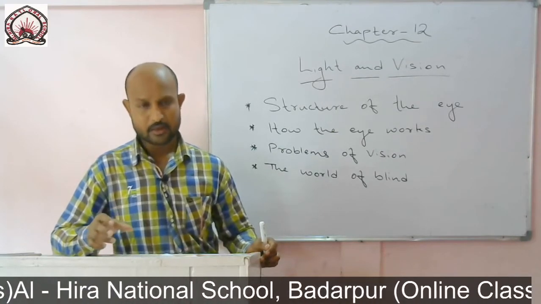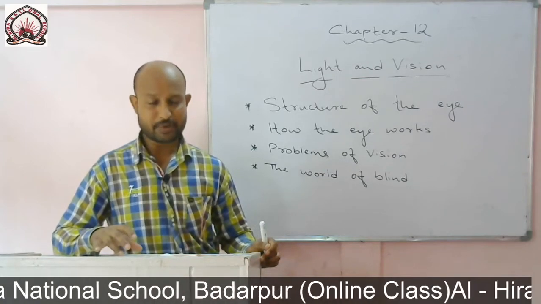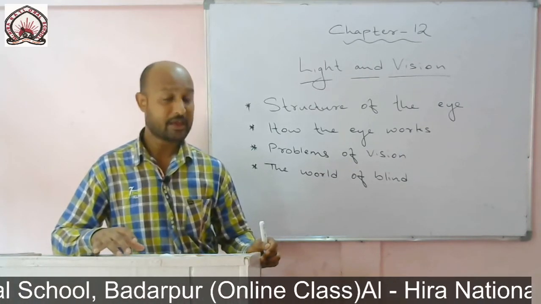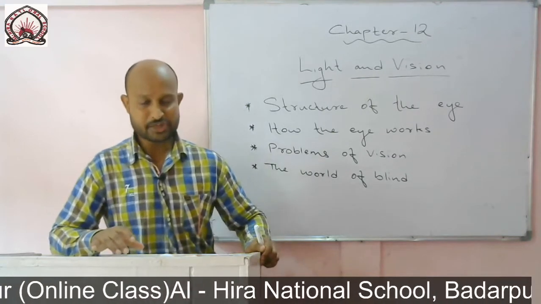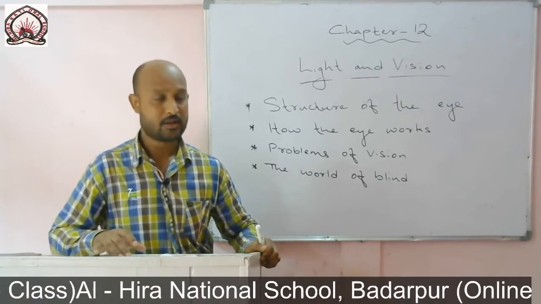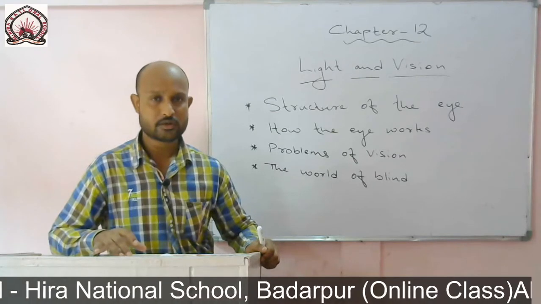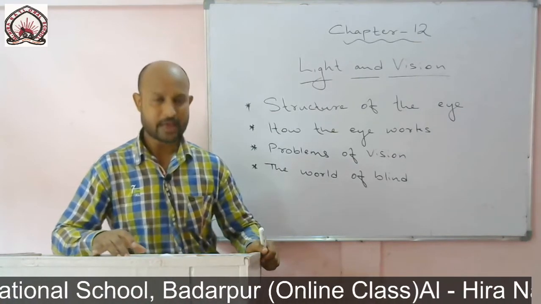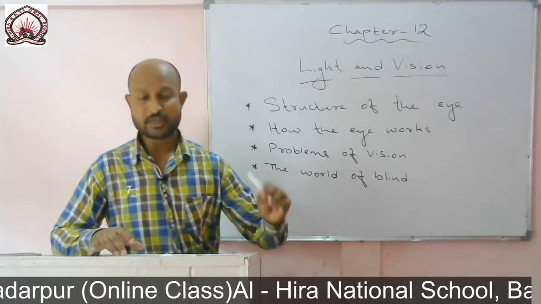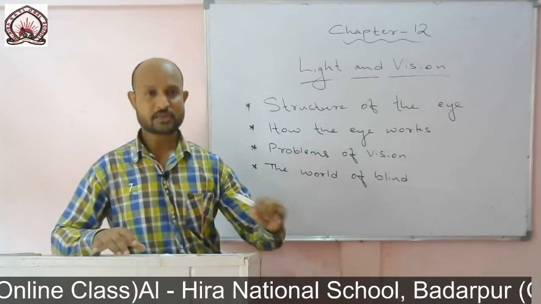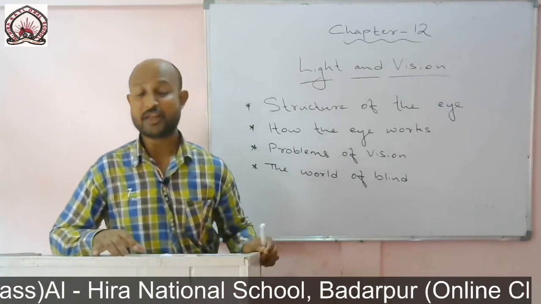The brain, after interpreting the information regarding the image, helps us to identify the image with a large view. The image which is formed is always inverted, but the brain helps us to see the image in an erect way.